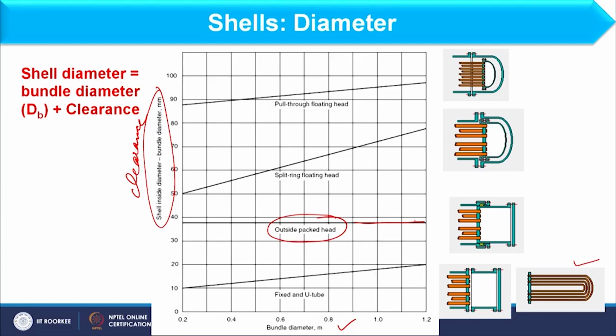So except external floating head, because there I am not inserting the bundle in the shell completely, because the tube sheet remains outside, okay, and flotation remains outside. So it will not depend on the bundle diameter, right. So except that, for all heat exchangers the clearance depends on the type of exchanger along with the bundle diameter, right.